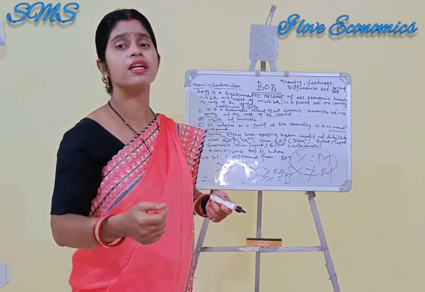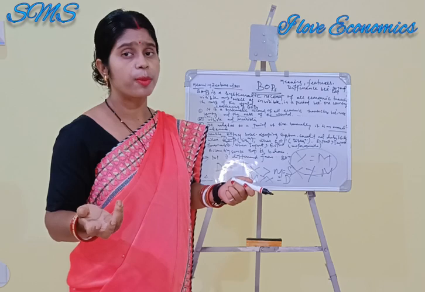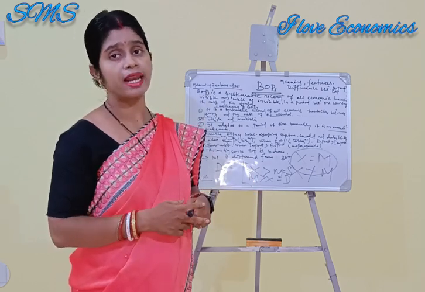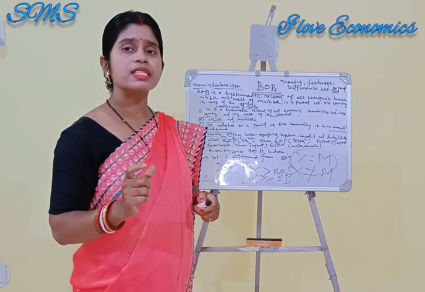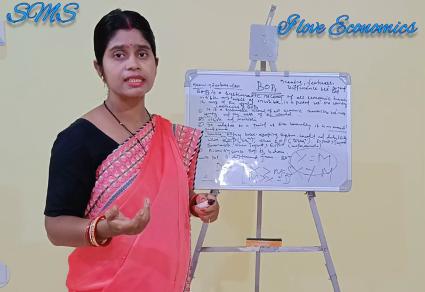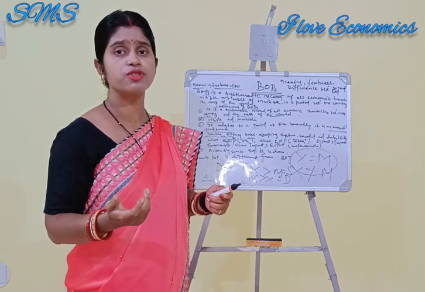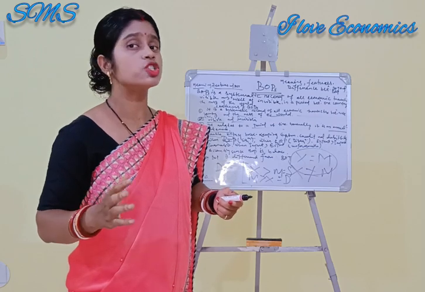So our problem is that balance of payment is always balanced from the accounting sense, but from the practical sense, balance of payment is not balanced. Sometimes there is a surplus, sometimes a deficit. Surplus is not our problem.